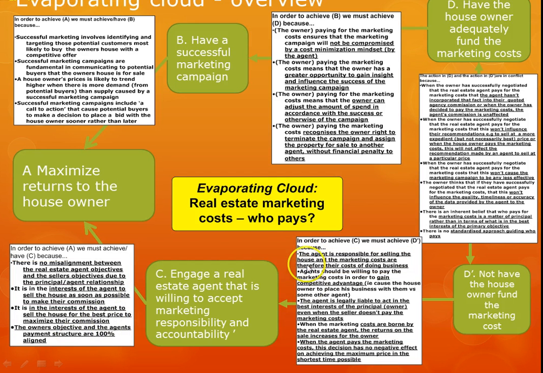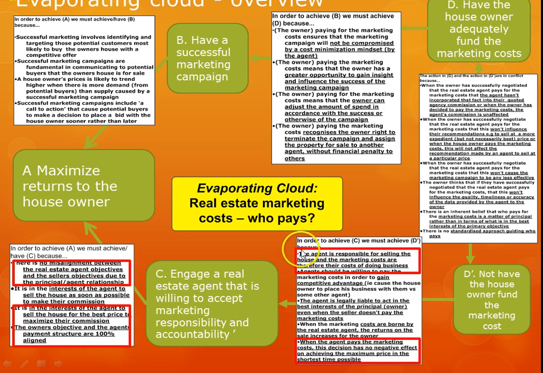So now moving on to the assumptions between C and D prime. The first assumption that I call into question is this one here, where the assumption being made is that the agent is responsible for selling the house and the marketing costs are therefore their cost of doing business. It's true that the agent is primarily responsible for assisting the seller or the principal in selling the house, but the agent acts on the advice and instructions of the principal, and the agent can make suggestions, but ultimately it's the principal that decides on the approach to be taken.